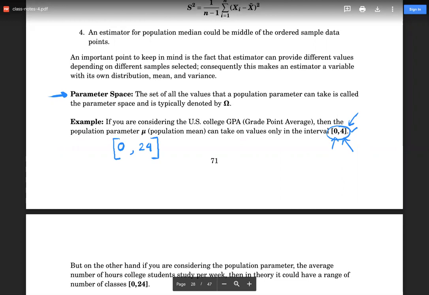So if I were to sketch it, it's going to be 0, 1, 2, 3, 4. So it's going to be everything. Let's highlight what we are talking about: this and everything in between. That's your parameter space. Nothing outside of this. So the parameter space is the set of all the possible values that the population parameter can take.